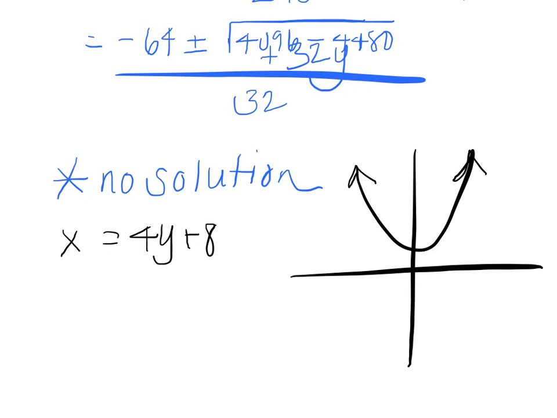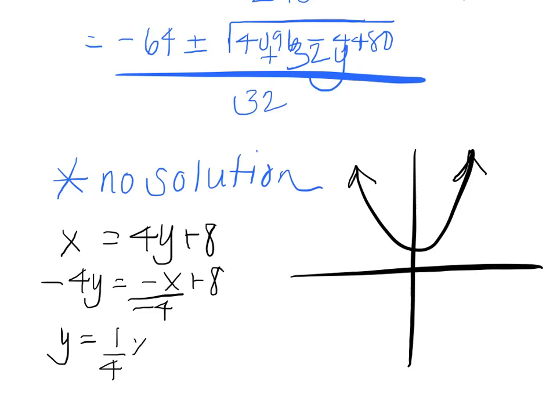So I'm going to move that 4y over, and move my x over. I'm going to divide everything by negative 4 to get y equals, and my slope's going to be a positive 1/4. And then 8 divided by negative 4 is negative 2. So I have a y-intercept of negative 2.